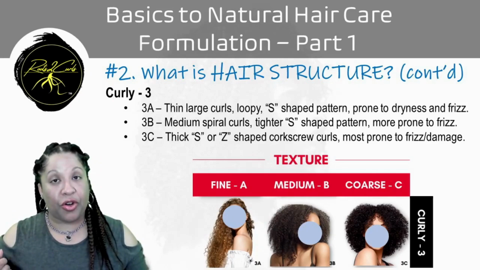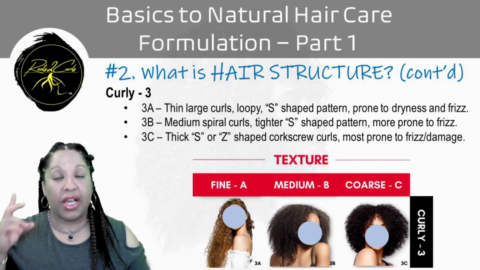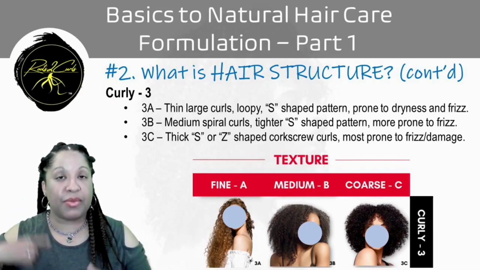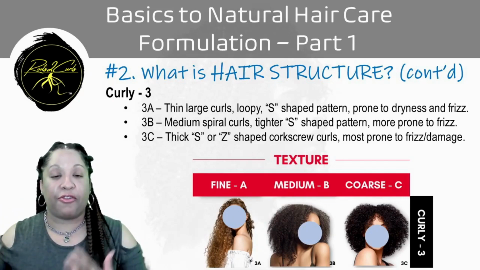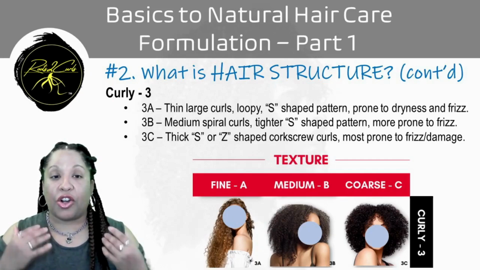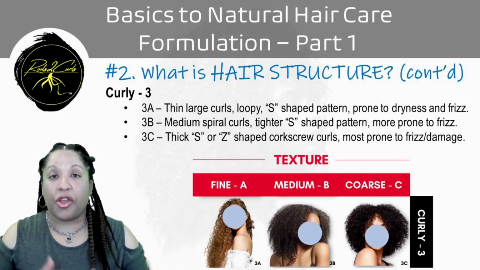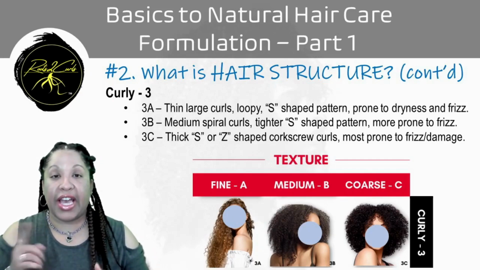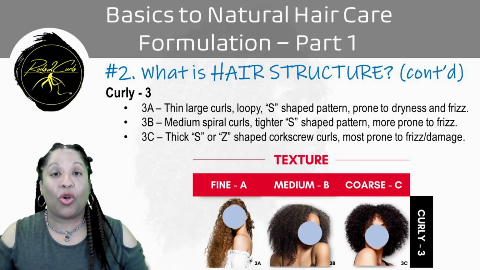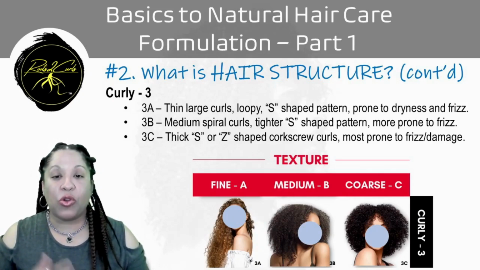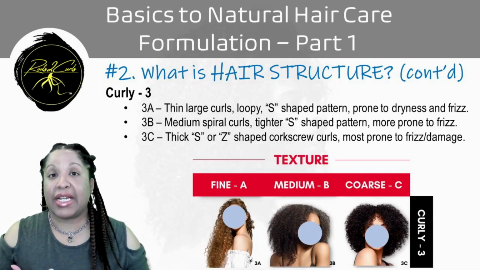So the tighter the curl, whether it's an S shape or a Z shape, and we'll see Z shapes, again, it becomes more prone to dryness and frizziness. And then curly 3C is a thick S or Z shaped corkscrew curls, most prone to frizz and damage.